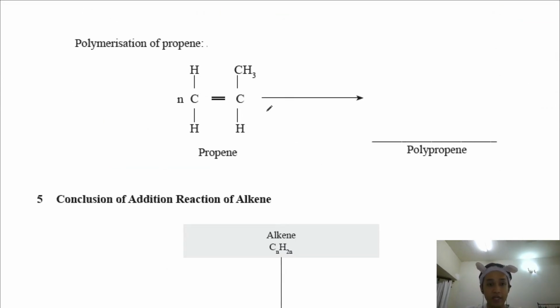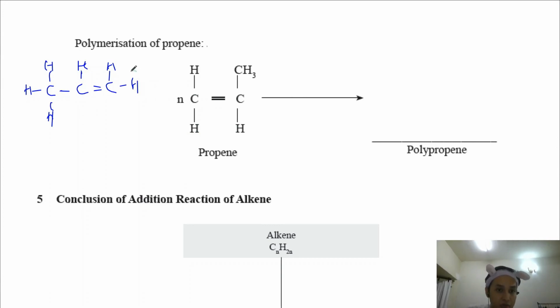Now for propene, since I have 3 carbons, initially it's like this: 1, 2, 3. And then I put the H here, H here. Let me just draw this out first. As you can see here, how they arrange is that I arrange so that my left and right must be empty. Remember, the double bond is here, meaning that this side and this side, left and right, must be empty.